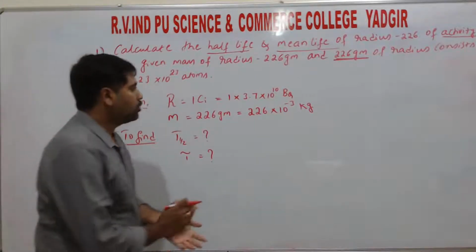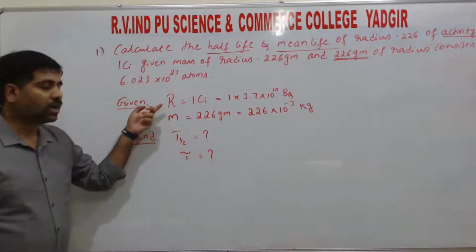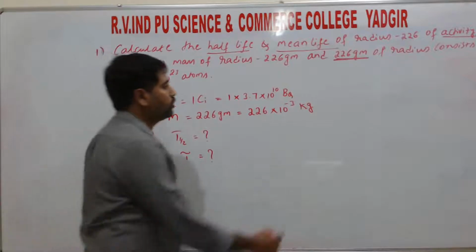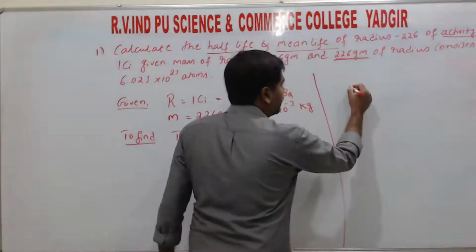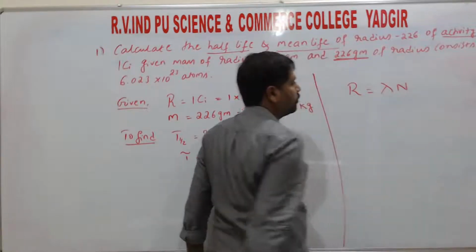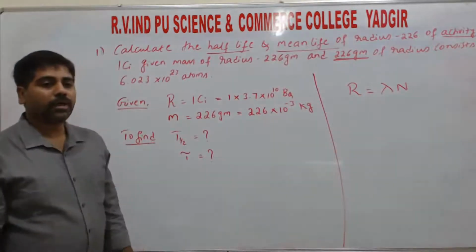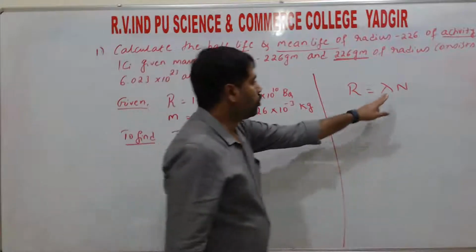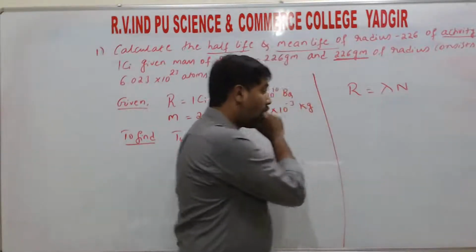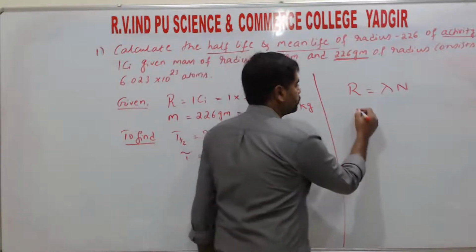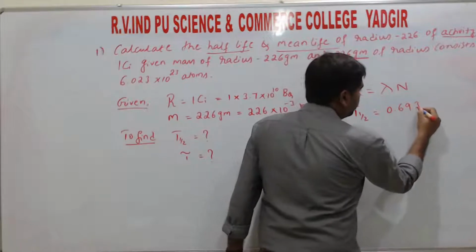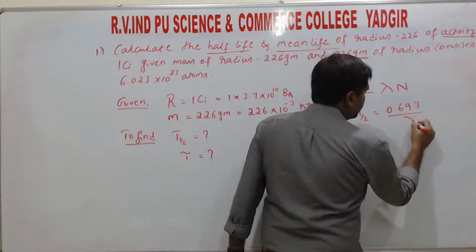So we have the formula, the relation between the activity and the half-life, right? Activity R is equal to lambda N, where N is the number of nuclei, but we don't know the value of lambda. From the half-life we know that T half is equal to 0.693 divided by lambda.